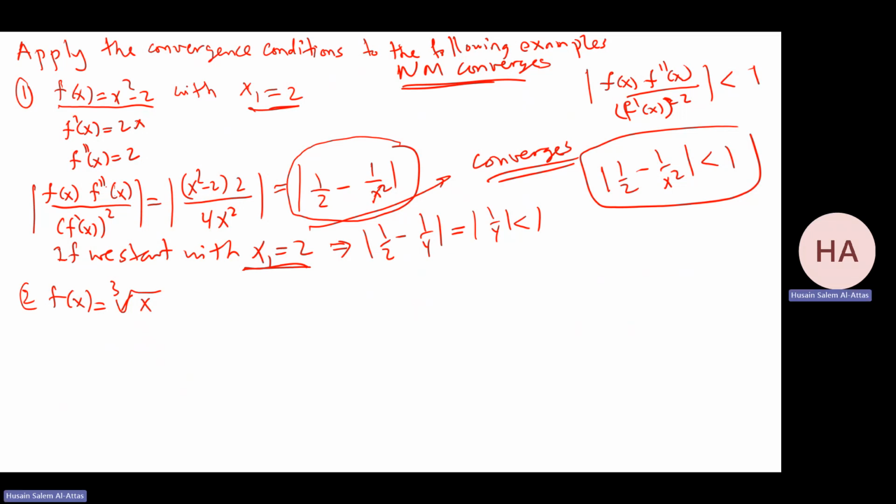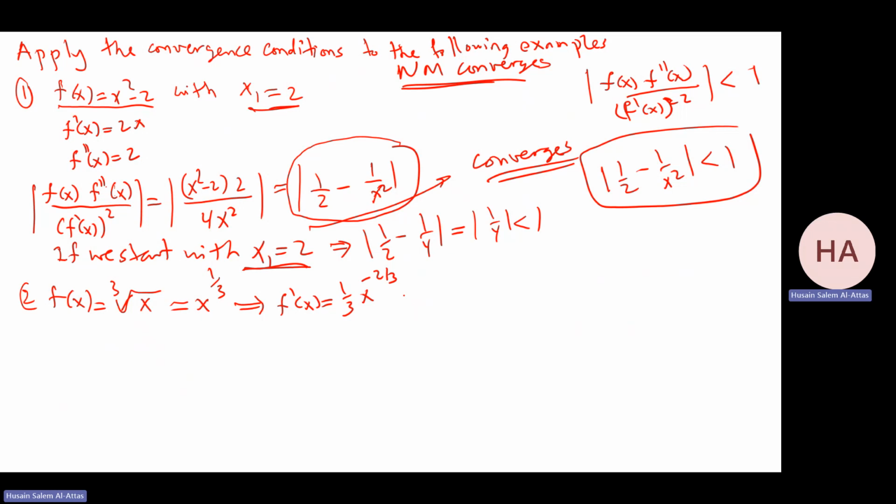Okay. This case, which I know there is no convergence. Actually, if we do it, I have, let me do, by the way, I think this is with it. Now I have f prime is 1/3 x minus 2/3.